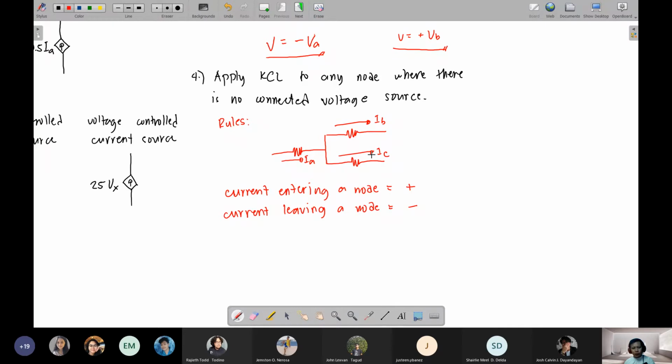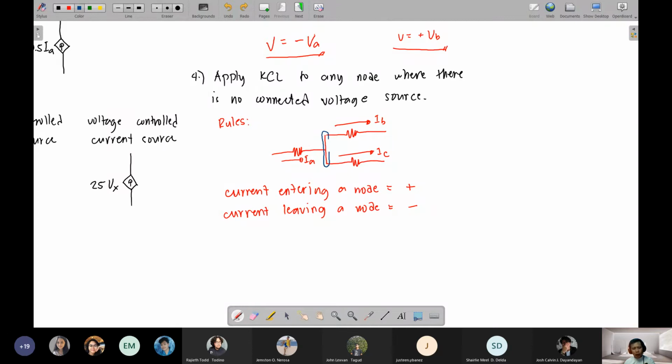Recall that a node is any point of 2 or more connections. From this circuit, this is the junction, the blue one, where the wires are connected.